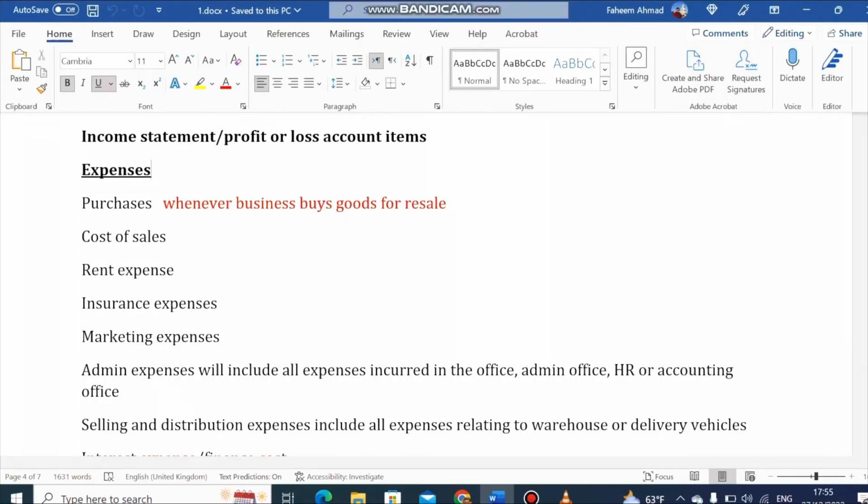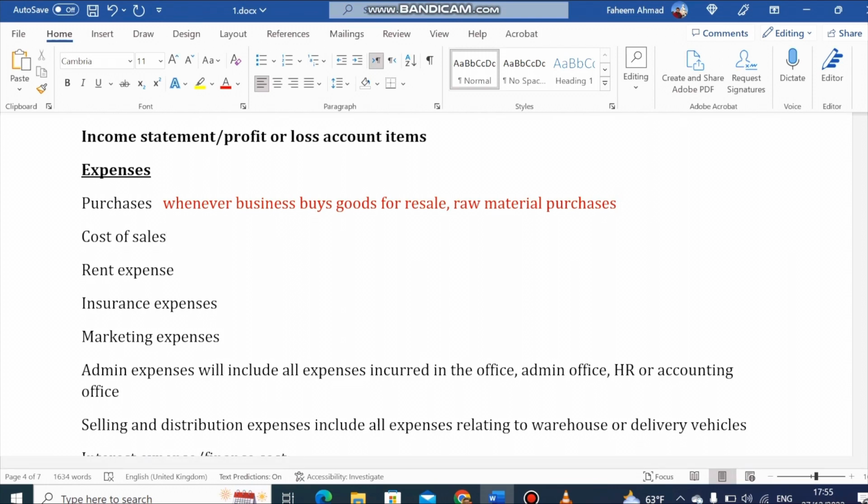First of all, I am going to discuss expenses. Purchases. Whenever business buys goods for resale and also, for example, raw material purchases, they are all purchases. I repeat, goods for resale or raw material purchases.